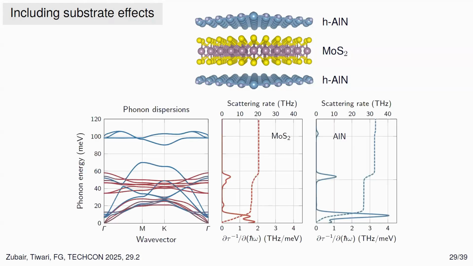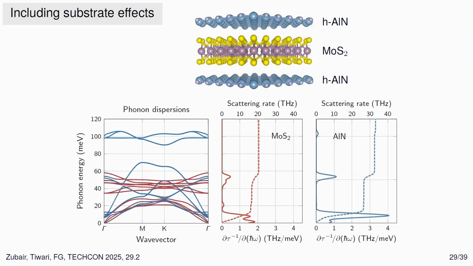What is happening is that if you study this system, you discover that the phonon dispersions are modified. The red lines here are the phonon dispersions that you see for molybdenum sulfide in isolation. Then when you add the aluminum nitride, you acquire the blue lines, which are actually the phonons of aluminum nitride.